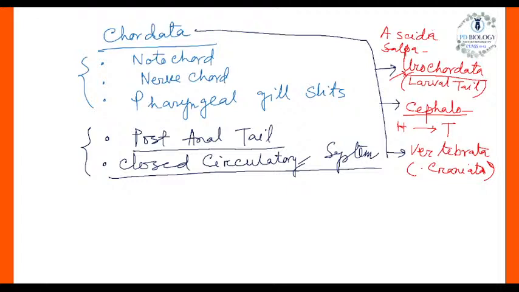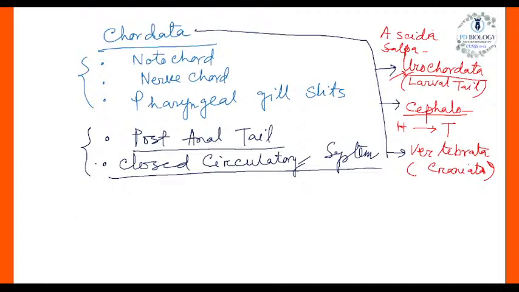And now you can remember the notochord is replaced by cartilaginous or bony vertebral column in the adult. So that is very important. Again I am repeating. In Vertebrata, notochord during the embryonic period, and the notochord is replaced by cartilaginous or bony vertebral column in the adult.